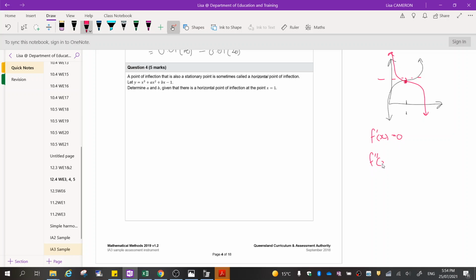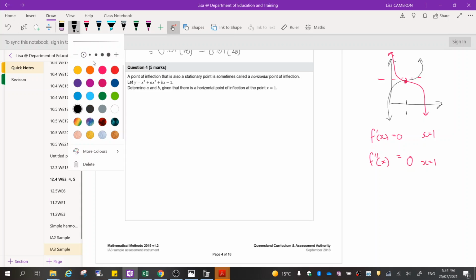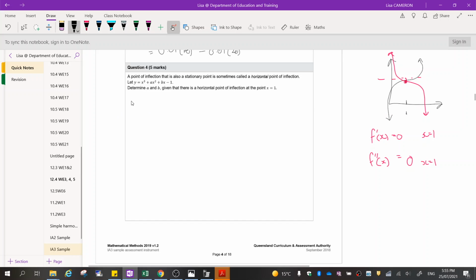And if it's a stationary point of inflection and also a horizontal point of inflection, that means the second derivative is also going to be 0 at the point when x equals 1. So they are the two statements that we're given so that we can work through this. Okay, so first things first, state my function. y equals x cubed plus ax squared plus bx minus 1.